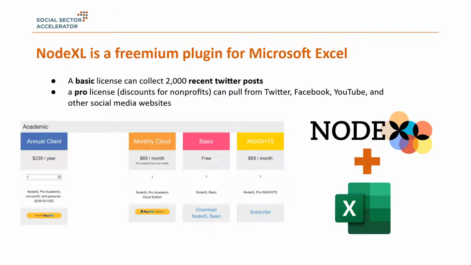Or you can get a pro license, which for nonprofits is pretty reasonable, actually, $239 a year at this time. And that can pull content from Twitter, Facebook, YouTube, and other social media websites.